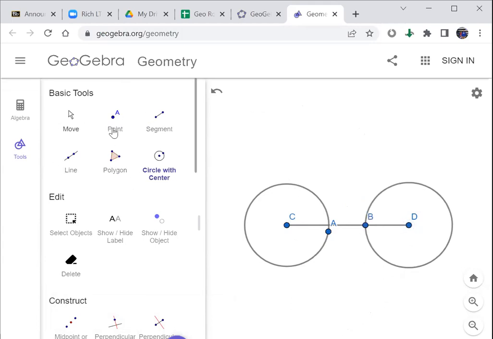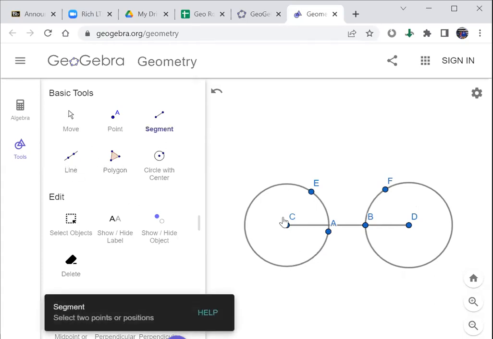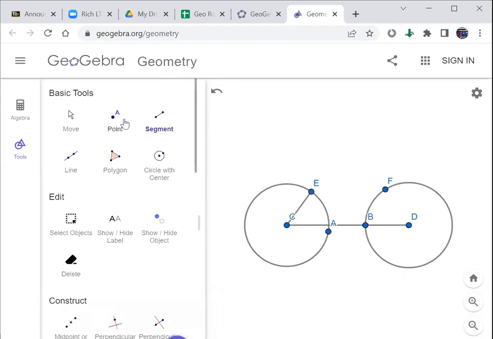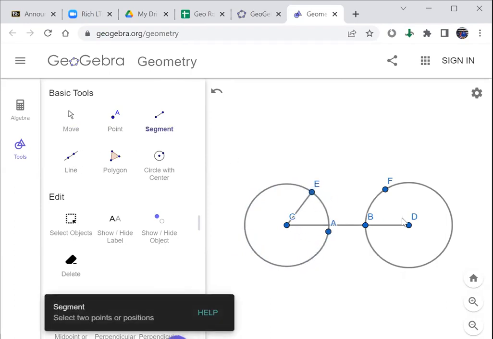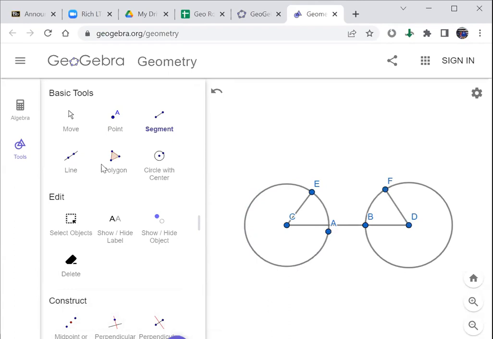I can plot points wherever I want on either circle, but I can never make a triangle out of it. I can connect this center to any point along the circumference of the circle, but they would never meet.